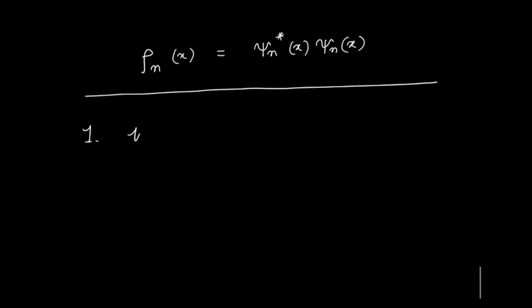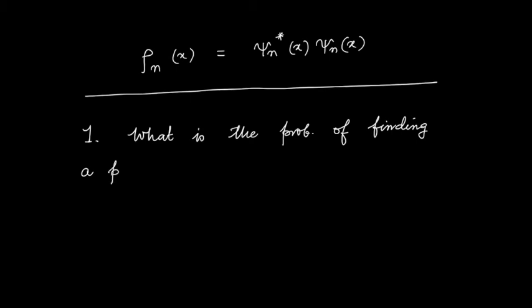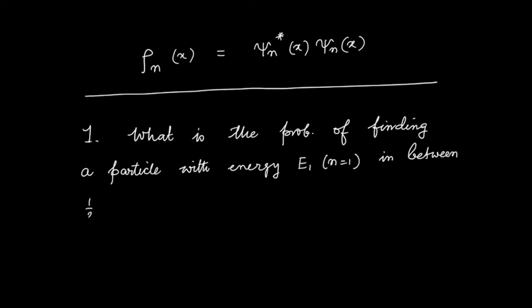So we can ask this question: what is the probability of finding a particle with energy, now there cannot be any energy, so let's say the energy E1, which corresponds to n equals 1, in between, say in that example, it was half and 3/4.